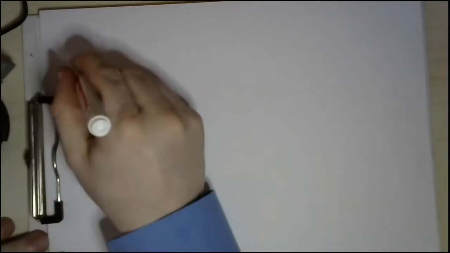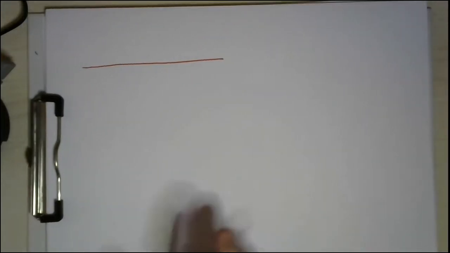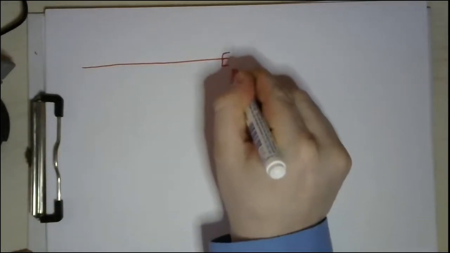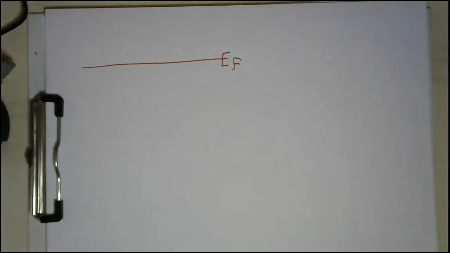Perfect. So let's start with recalling the knowledge we have gained from the p-n junction. In a p-n junction, let's start with the thermodynamic equilibrium case. Whenever you have a Fermi level, this is EF, which is a horizontal line because this is under thermodynamic equilibrium.